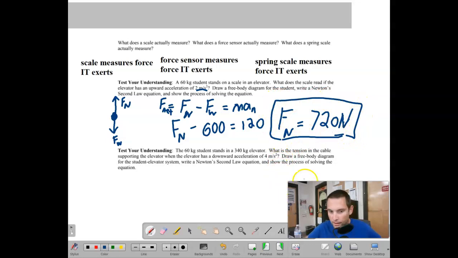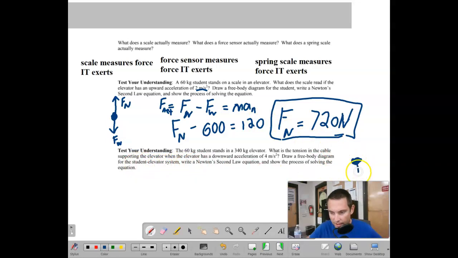There you go. Next up, a 60 kilogram student stands in a 340 kilogram elevator. What is the tension in the cable supporting the elevator? All right, so we're going to do a free body diagram. What's the system? We have the student-elevator system.